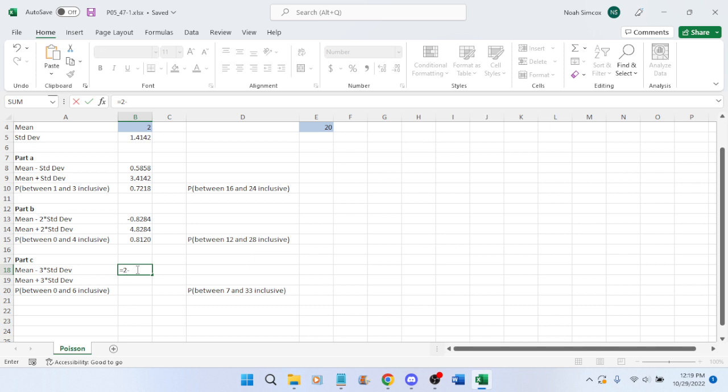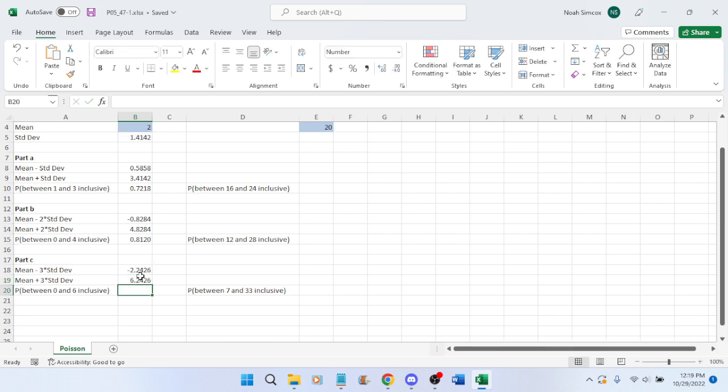2 minus 3 times this. It's going to be way negative. Equals 2 plus 3 times this. Save.